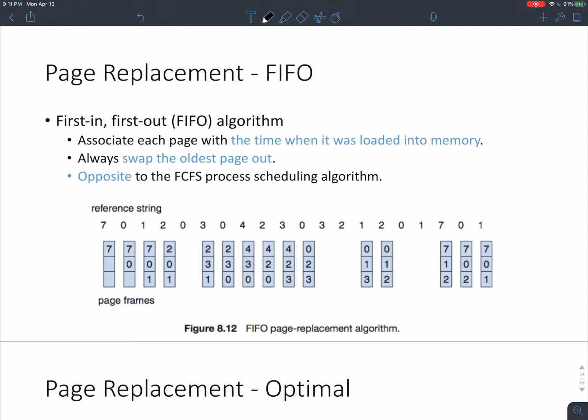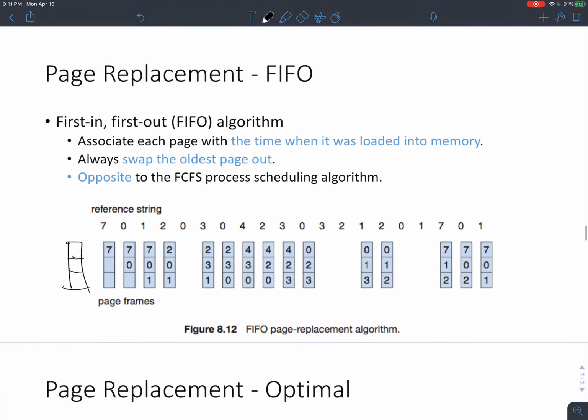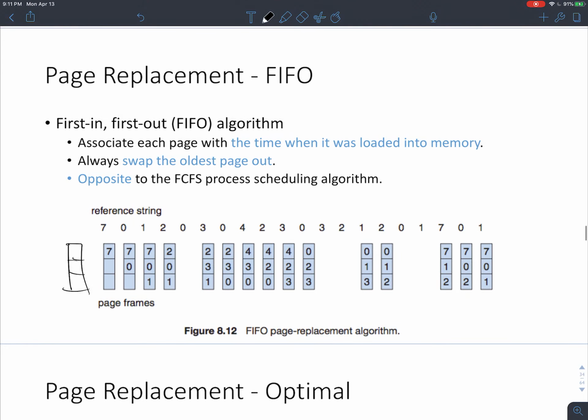The first time we want to refer to page 7, our physical memory is empty, so we just load page 7 into the memory. Next we refer to page 0, and because we still have free space, we bring the new page in.